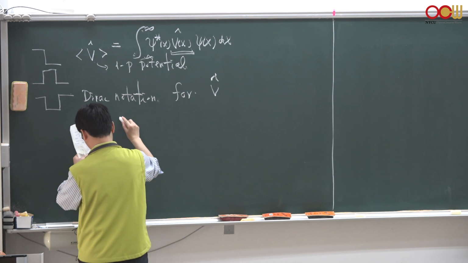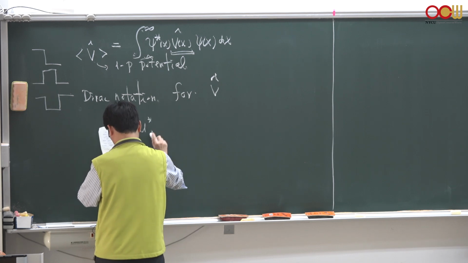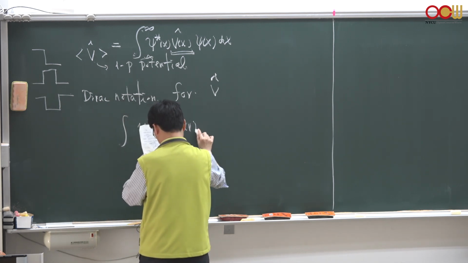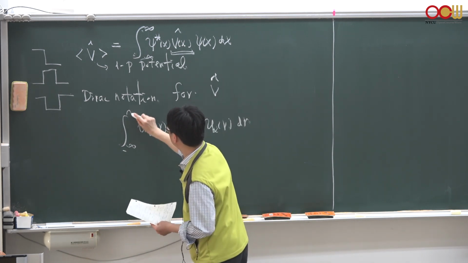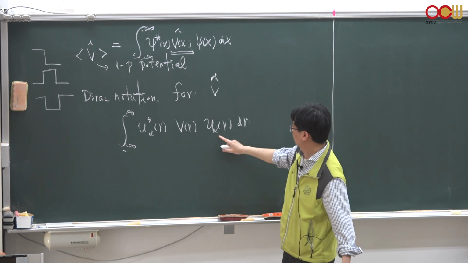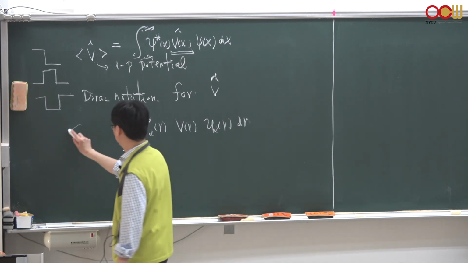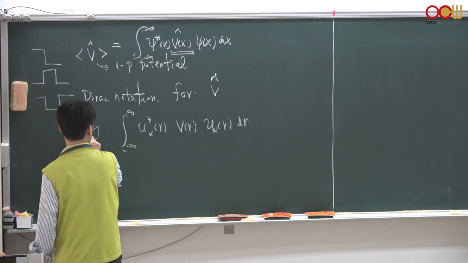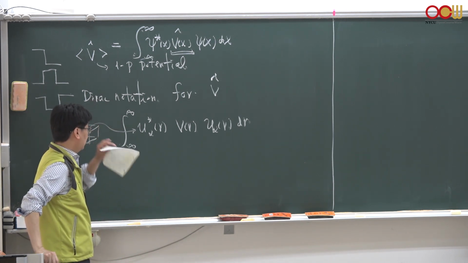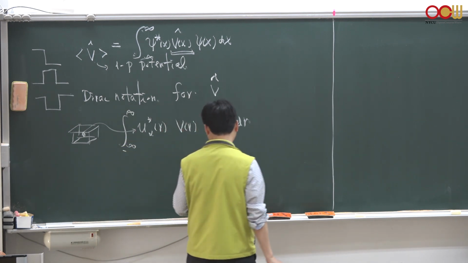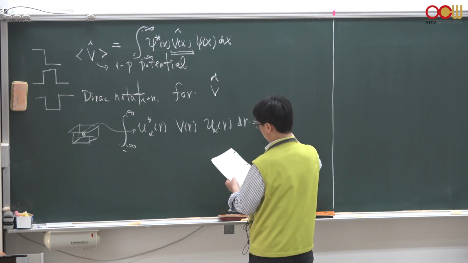So in terms of this kind of a single particle potential, we could have such an integral in our earlier notation, right? Remember that. Okay, so this u alpha represents the eigenstates of a single electron in the box. Suppose we simply use these eigenstates to evaluate the expectation value of the potential for the single particle scattering. So then we could take advantage of this Dirac bra and ket.